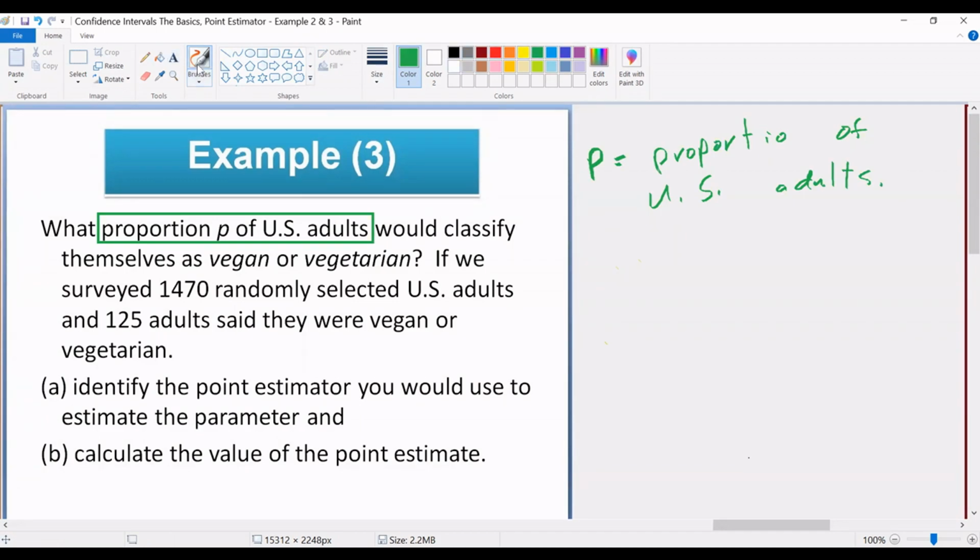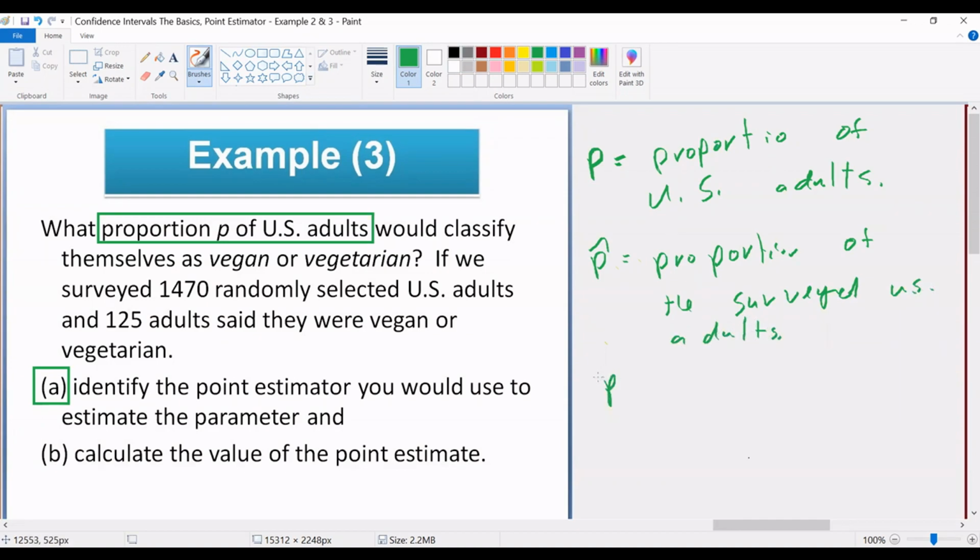And in order to answer part A, since we're talking about proportions, P hat will represent the proportion of the sampled US adults from the survey. So p hat is our point estimator. And that's the answer for A.